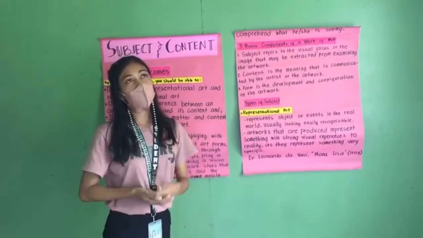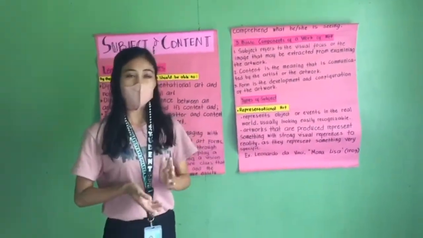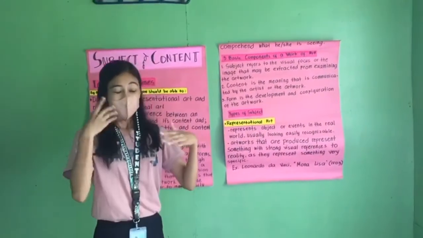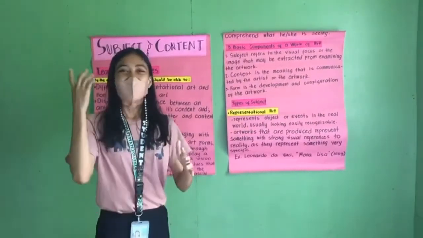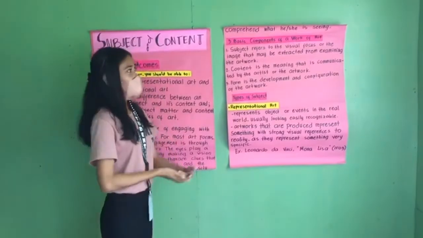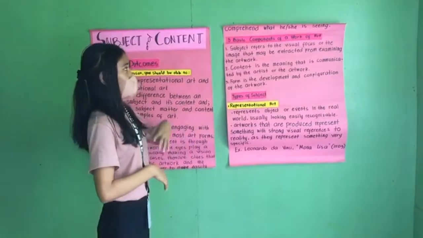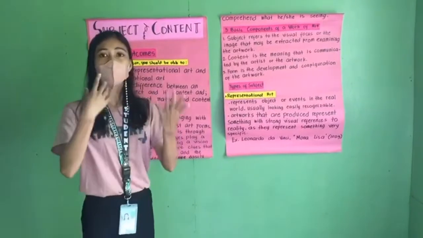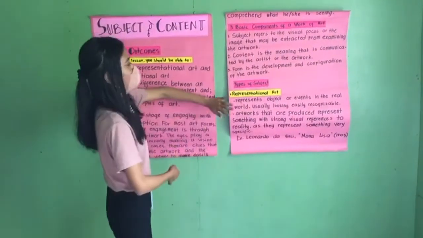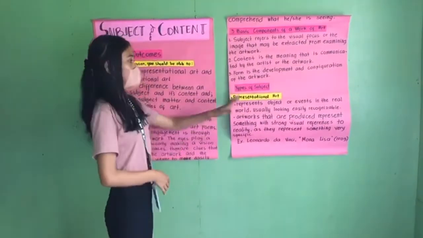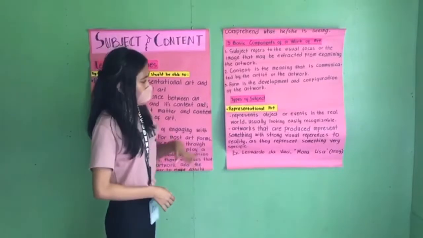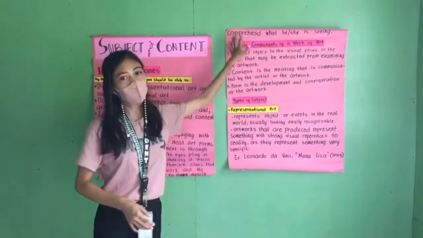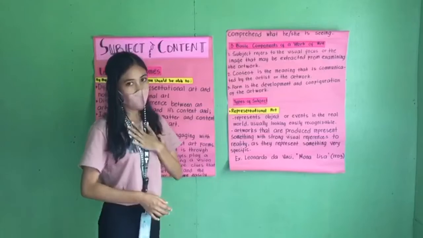Later on, I will give examples, and we will point out what is subject and what is content in the artwork that I will show. So we go now to the types of subject. The first one is representational art.